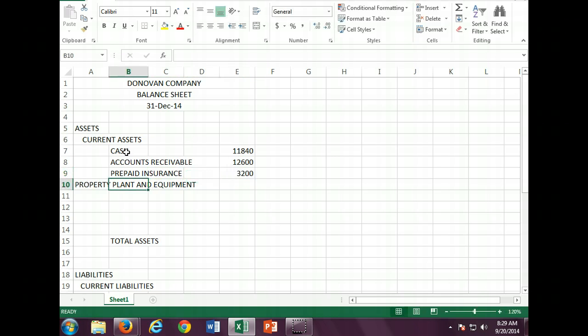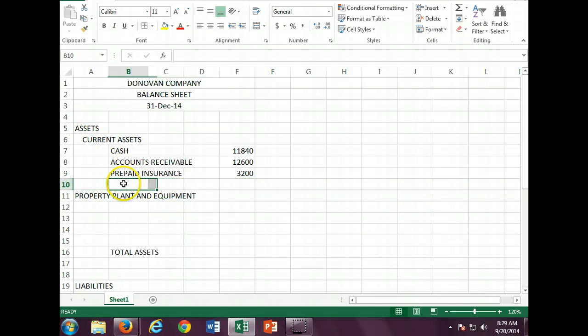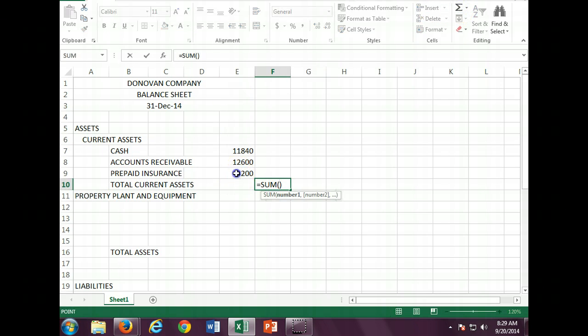Do we have any other current assets? I don't know. That is it. So then we're going to do total current assets, and basically I'm going to summarize these three.